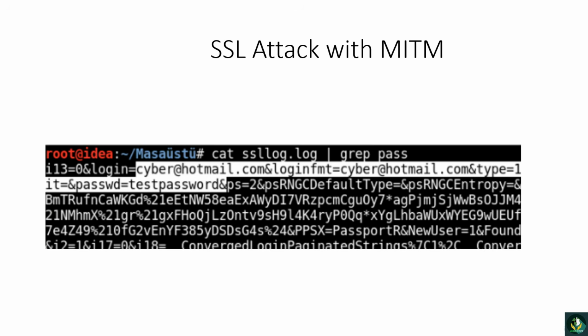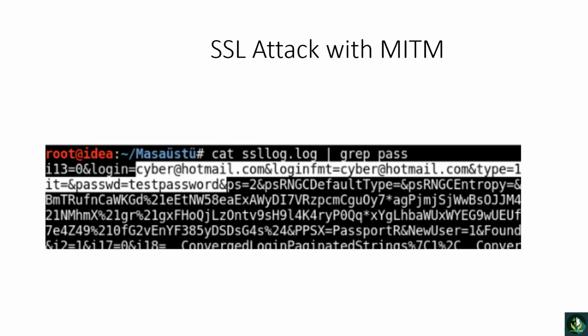As you can see, the attacker can see the password in a log file, which is the SSLstrip log file, from the Kali Linux machine terminal. The username is cyber@hotmail.com, and the password is a test password I used for testing purposes. The attacker can see this because SSLstrip downgrades HTTPS to HTTP on the victim computer.